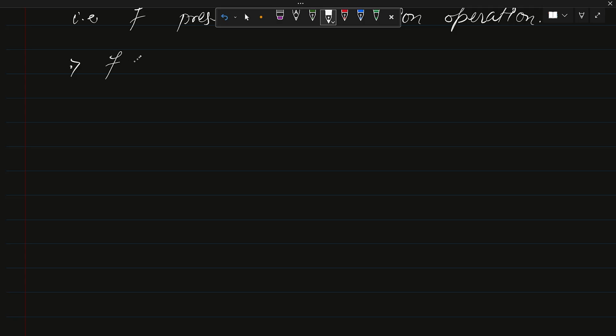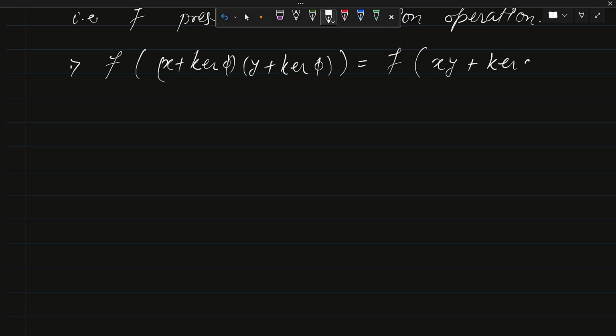Okay, so we are having f of x plus kernel of phi times y plus kernel of phi, that is equal to f of xy plus kernel of phi, right. And obviously f of xy plus kernel of phi is the same as phi of xy, and obviously phi is ring homomorphism, so we can write phi of x times phi of y.